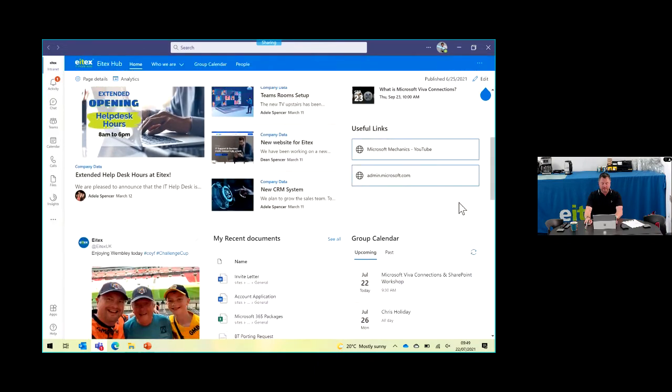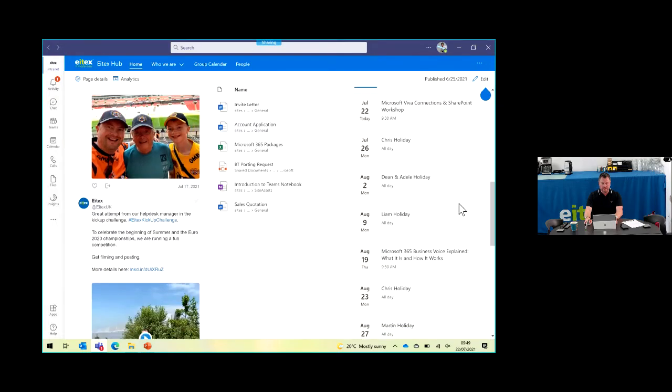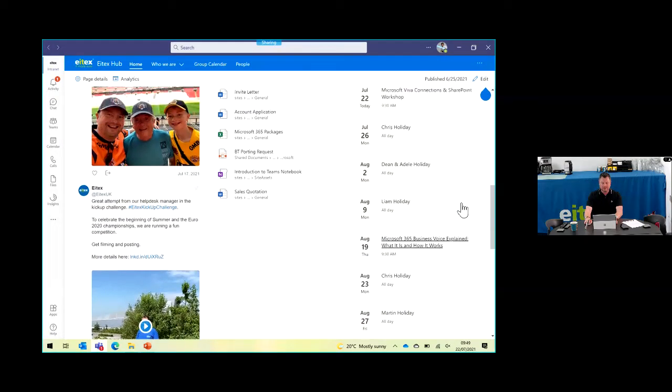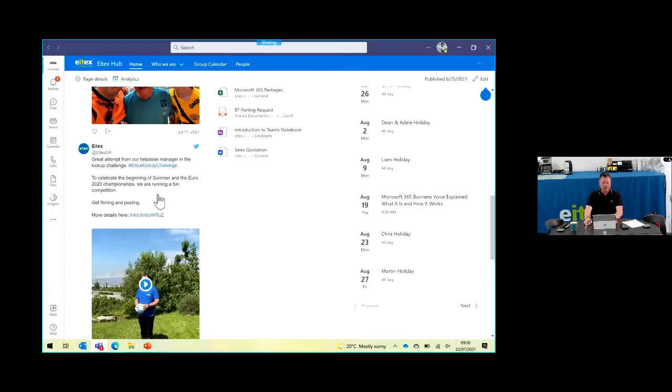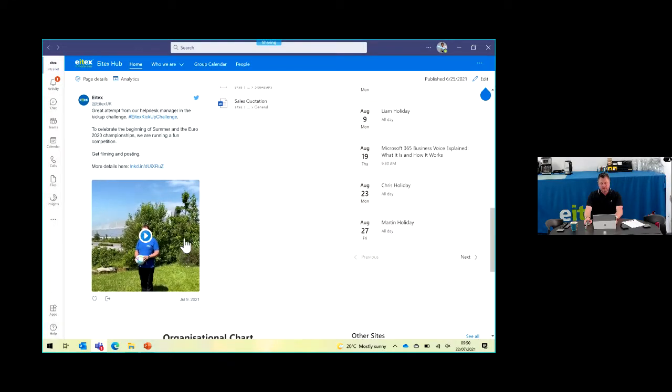Moving down the page a little bit, this links to our social media activities. So we sponsor a local rugby team, Castleford Tigers, and we were there because they went to Wembley, and we were celebrating that. So that's what that is there. Moving down, we did a promotion for Euro 2020, and we did a kick-up challenge.